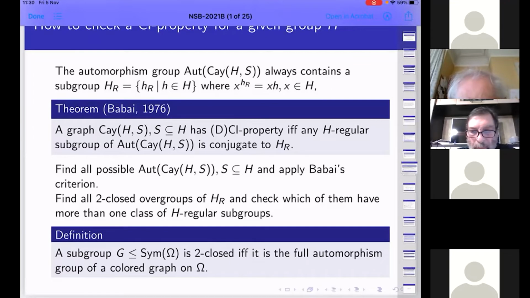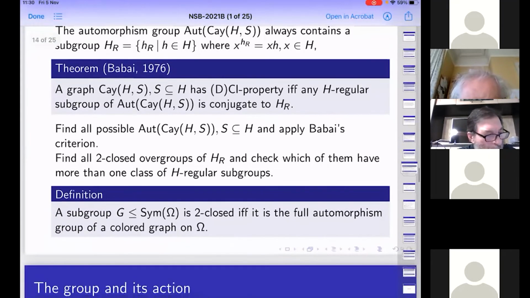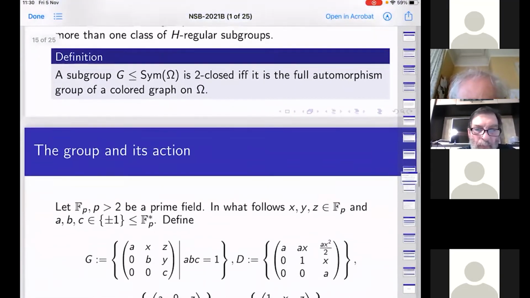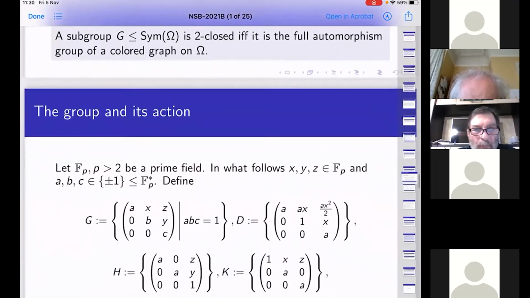And I'm not going to talk about the usage of Turing's in this approach. So now I'm starting to describe an example.